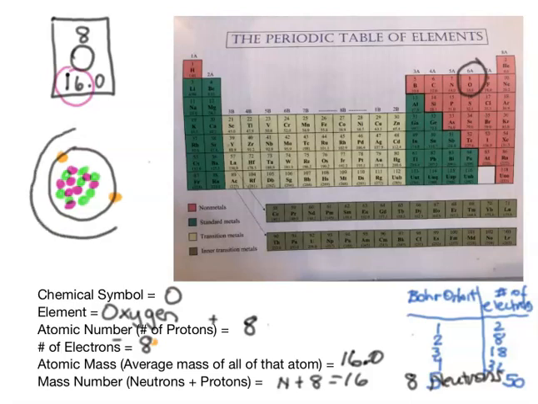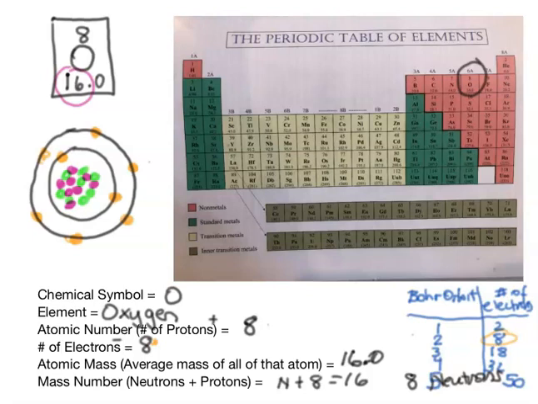So we're going to draw a second orbit here. And how many electrons can that second orbit accommodate? 8 total. Now we only need to put in 6. So we're going to put those in there. 2, 3, 4, 5, and 6. So we have 8 total electrons represented here in our Bohr model for oxygen.